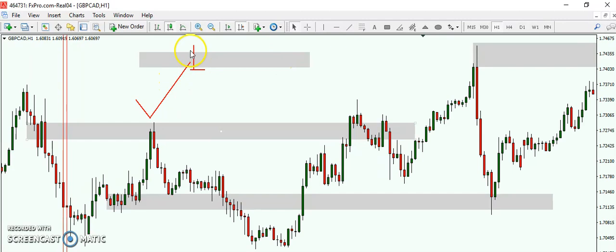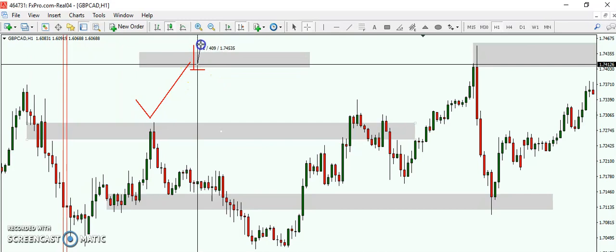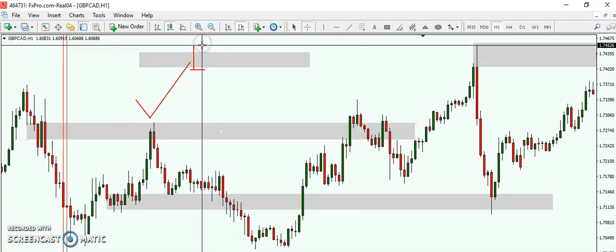So once I see that move, I take my trade without any fear, and I keep my stop loss slightly above the high of that candle.